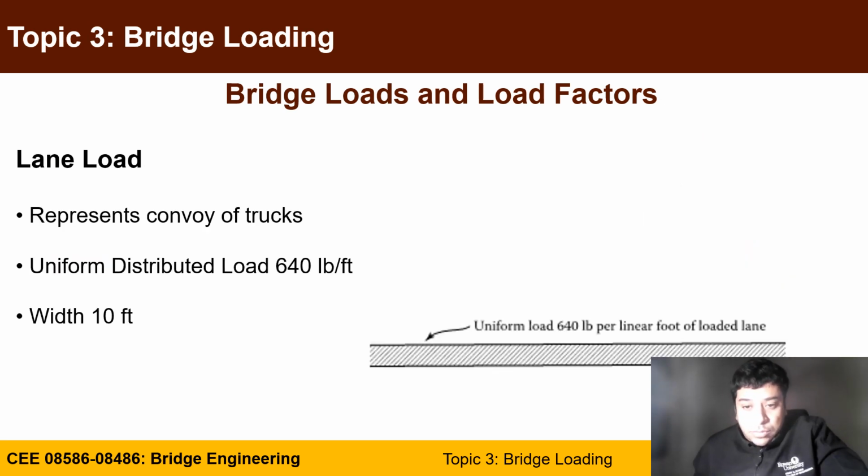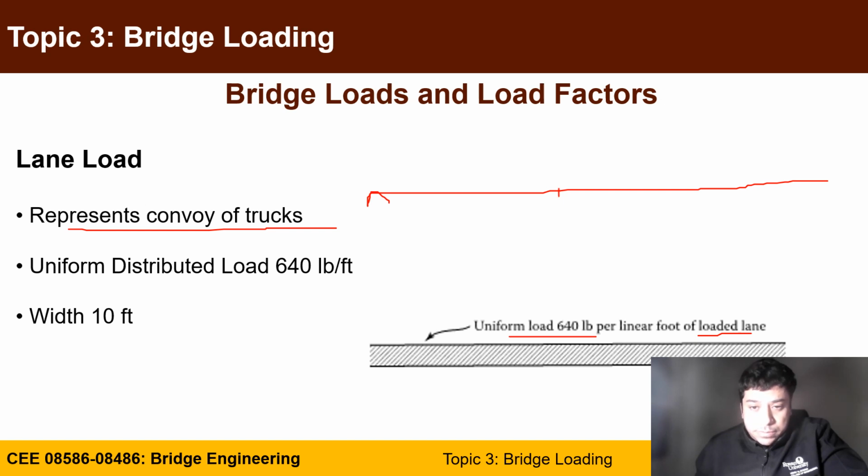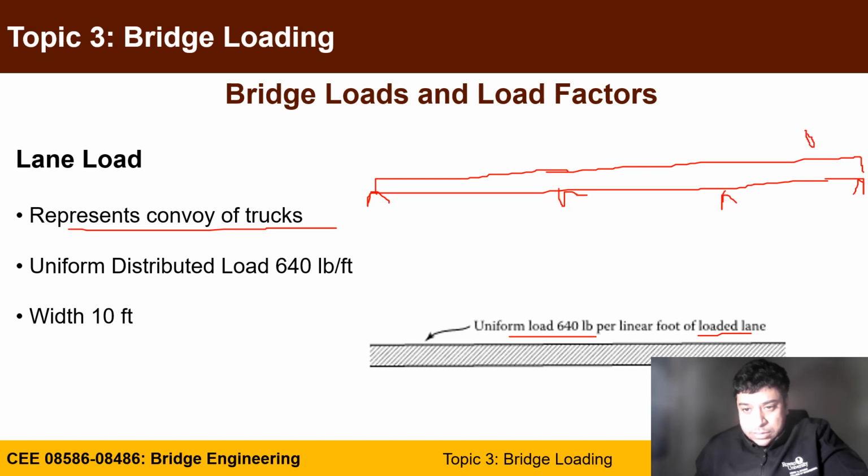It has to be combined with a uniform load of 64 pounds per linear foot on the loaded lane, and this represents a convoy of trucks ahead of the truck, behind the truck, and under the truck too. So if you are loading your longitudinal girders, let's say this is your bridge, you have to add a live load of 0.64 kip per foot uniform load.